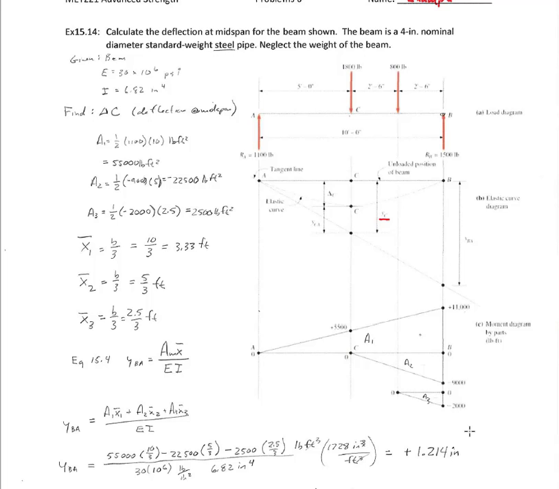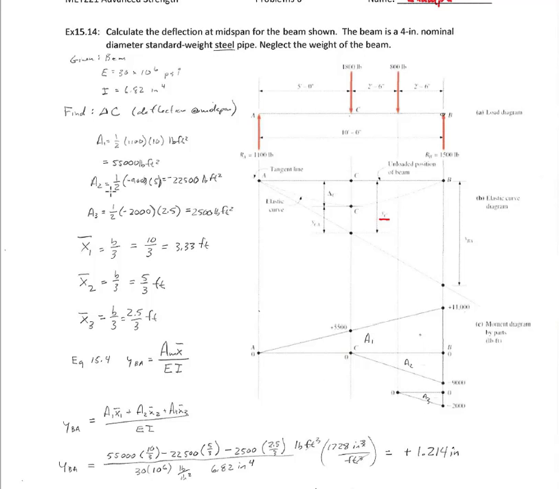So what are these areas? Okay, so delta C is the deflection midspan. So what we want to do here is find A1, which is 55,000 pound-feet squared. Okay, so that's this area here, which is 1/2 of 11,000 times 10.